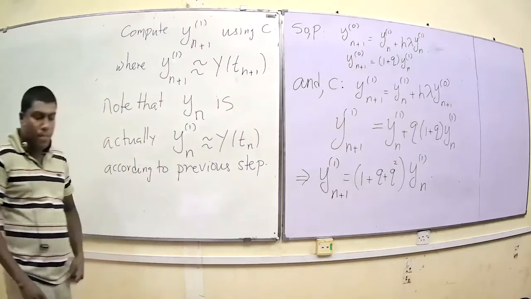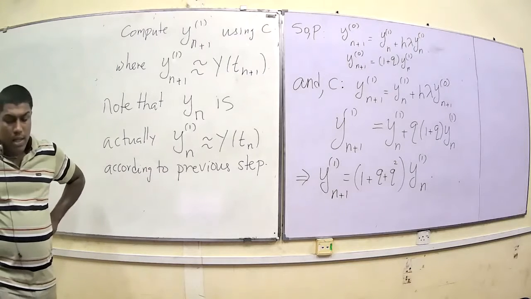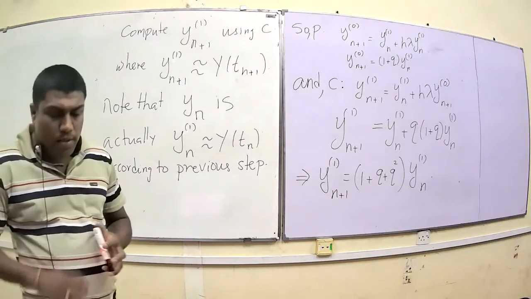So if you simplify this, you get y_{n+1} equal to (1 + q + q^2) times y_n.